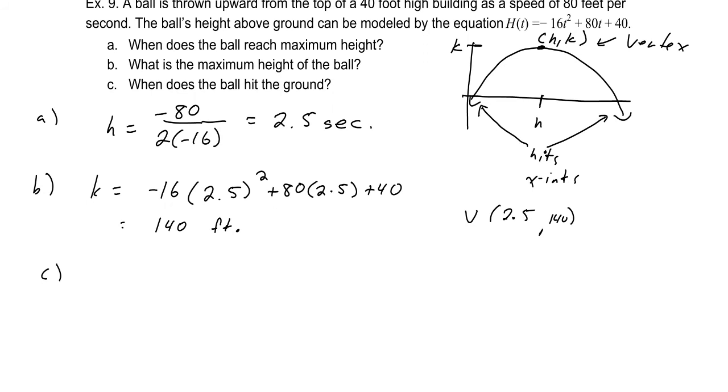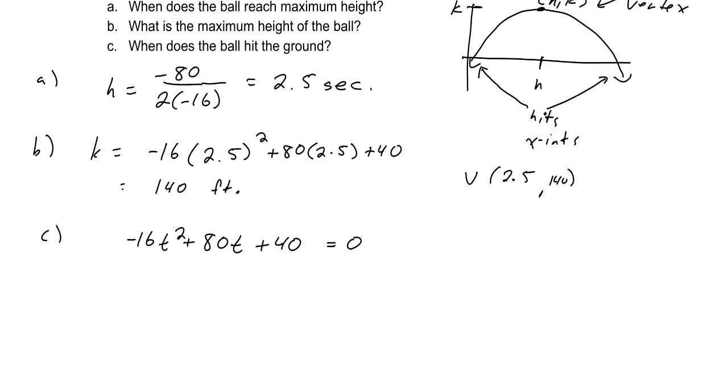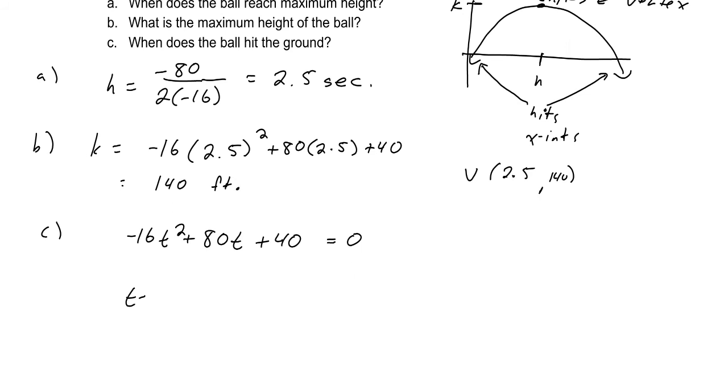We need to solve that equation. So negative 16t squared plus 80t plus 40. I'll set that equal to 0. And we'll go ahead and use the quadratic formula. That will be t equals negative b plus or minus the square root b squared minus 4ac divided by 2a.